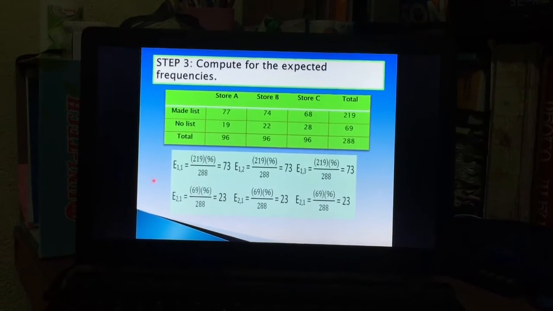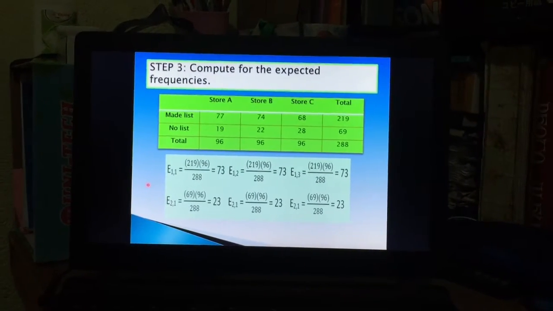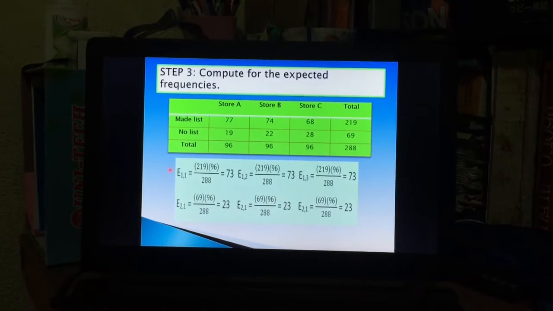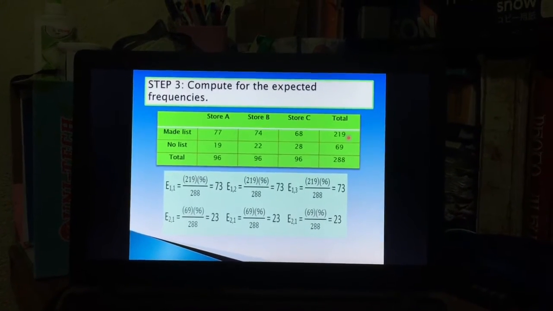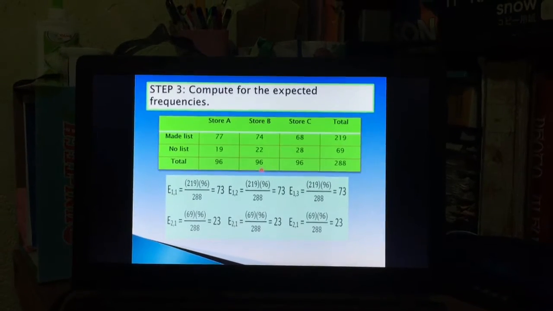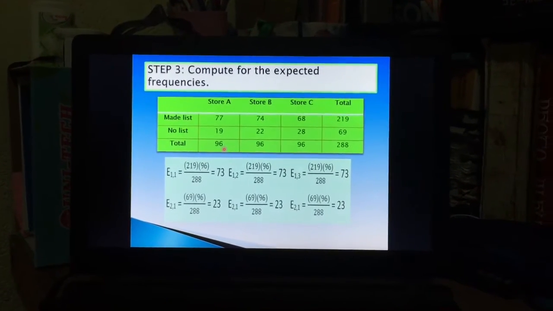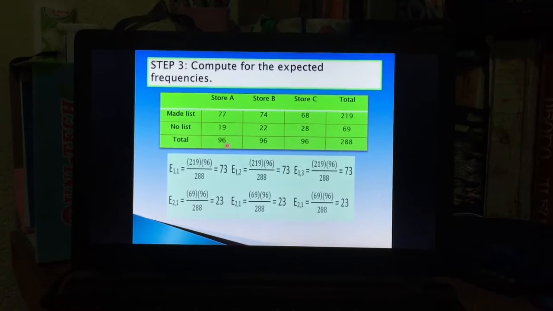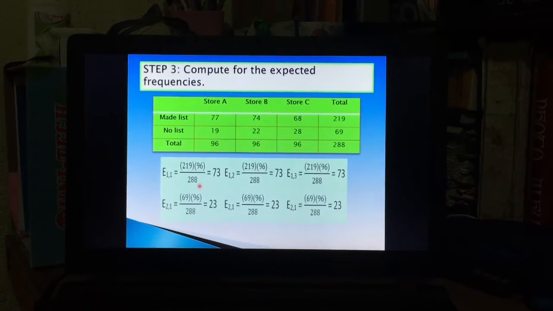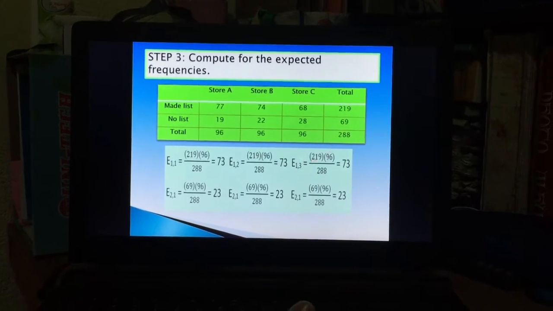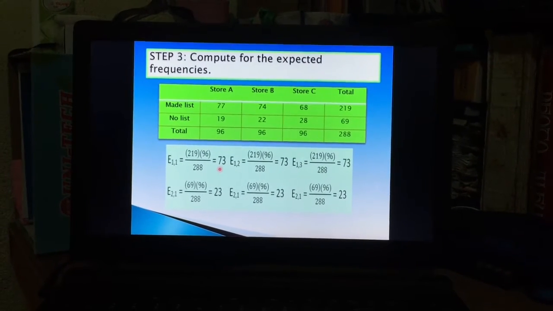Step number 3. Compute for the expected frequencies. Let's have first the first row total and multiply to the first column total. So 219 multiplied to 96 all over 288 is equal to 73.